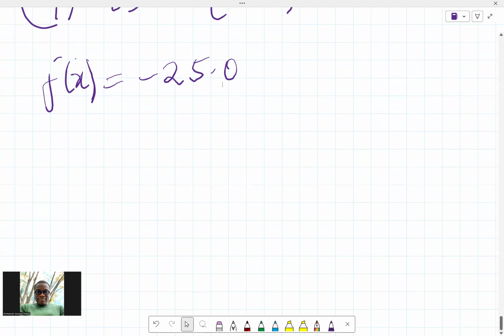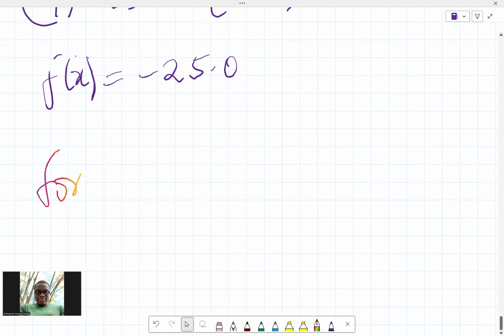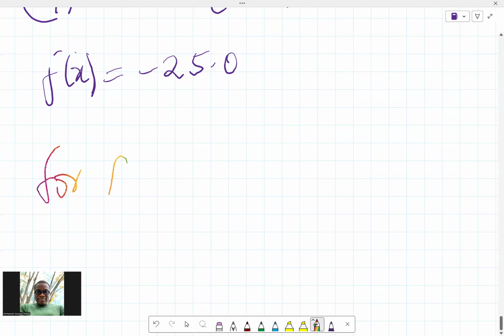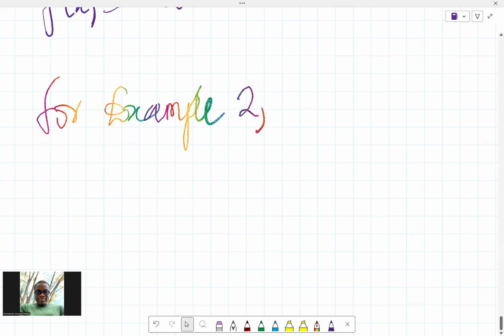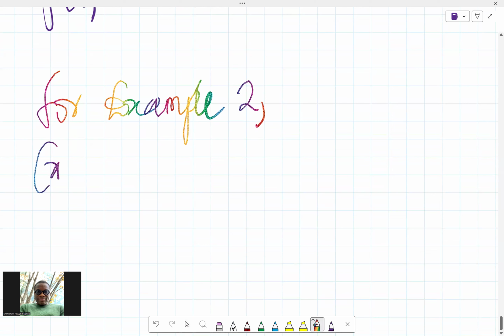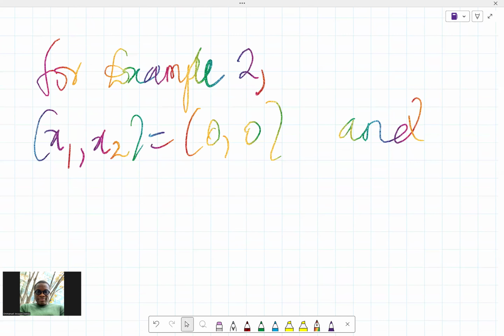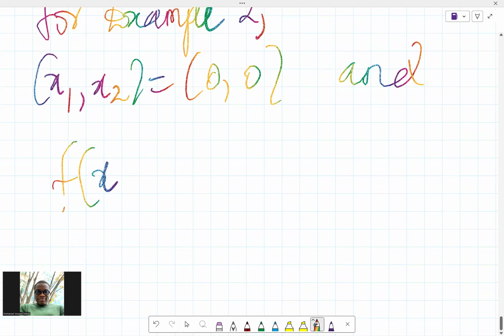So that's from the Python code. For example 2, we have x1, x2 equal to 0, 0, and f of x1, x2 is also equal to 0, basically.